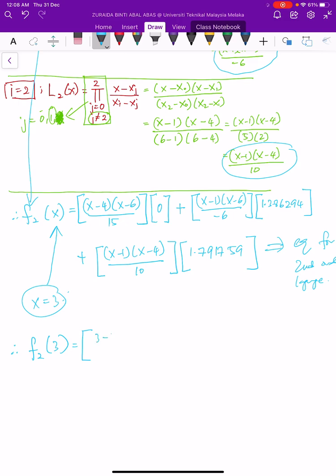So 3 minus 4, substitute all of this with 3, this one also. So 3 minus 6, 15, 0, plus 3 minus 1, 3 minus 6, minus 6, multiplied by 1.386294.